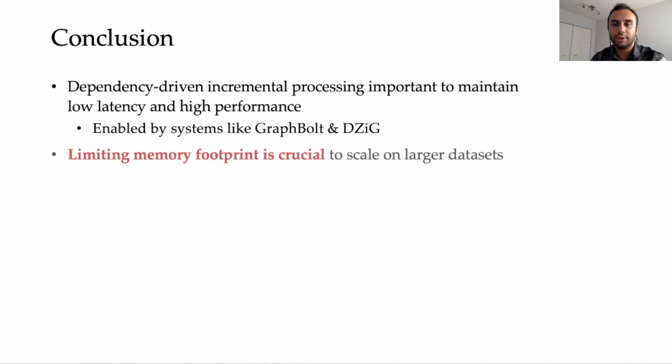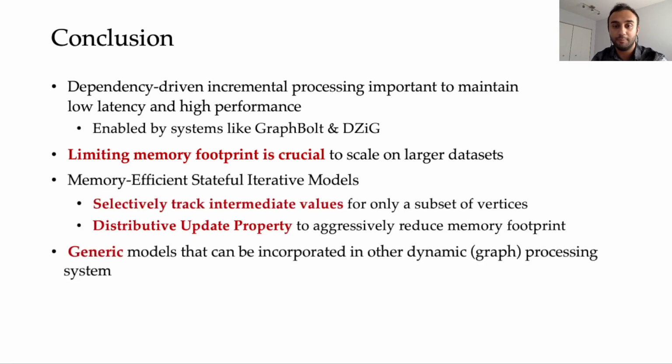In conclusion, techniques like GraphBolt and DZIG enable efficient incremental processing on dynamic graphs to compute fast results. In this work, we take the next important step to make such incremental processing practical on large dynamic graphs. We developed two memory-efficient stateful iterative models, where the key in limiting the memory footprint is in selectively tracking the intermediate vertex values for only a subset of vertices.